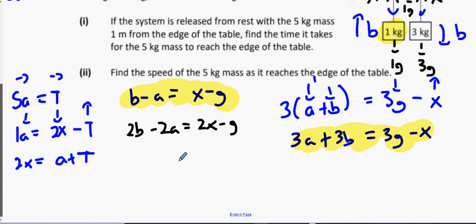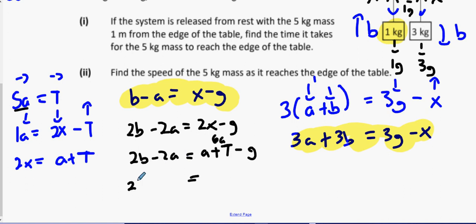But we know that 2x is a plus t minus g. And we also know that t is 5a. So that's going to be 6a on this side. Bring it over to your side. It's going to be 2b minus 8a equals minus g. That's going to be one equation.